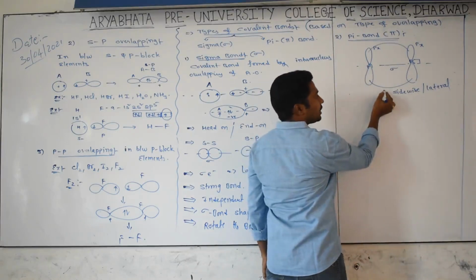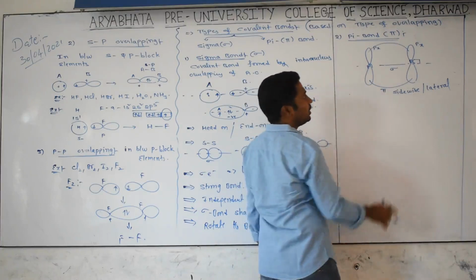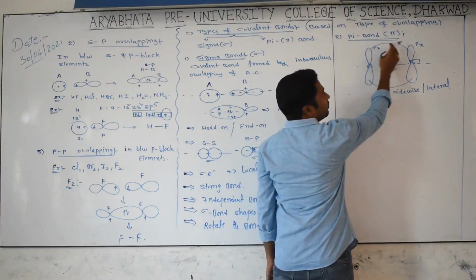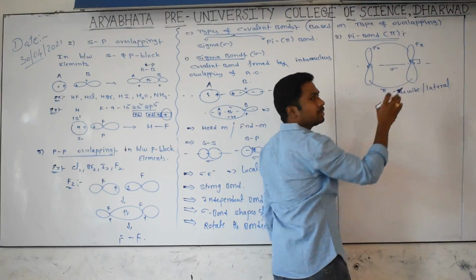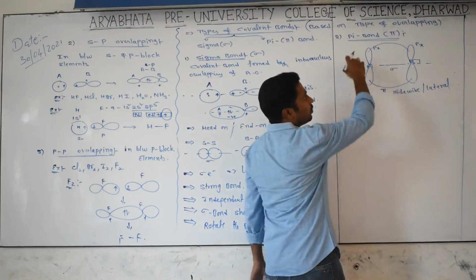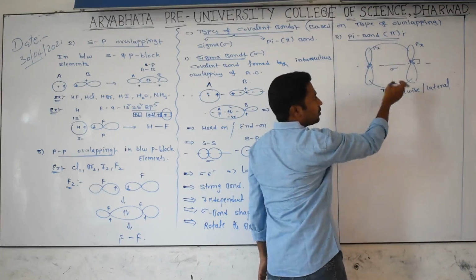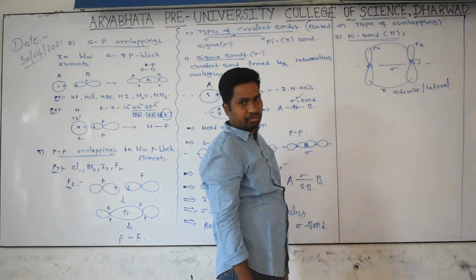Sidewise or lateral overlapping gives another covalent bond called a pi bond. The electron may be here or here, because an orbital is a region where we can find the electron anywhere. That's why the overlapping may be upward or downward, and like this we get one pi bond.